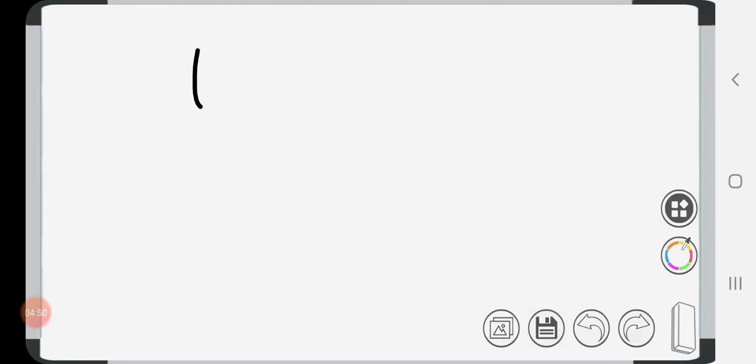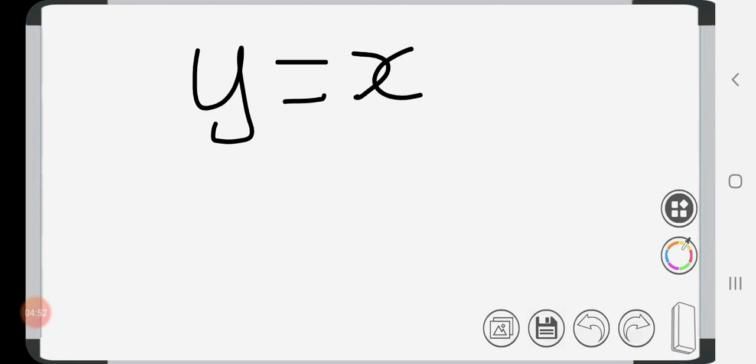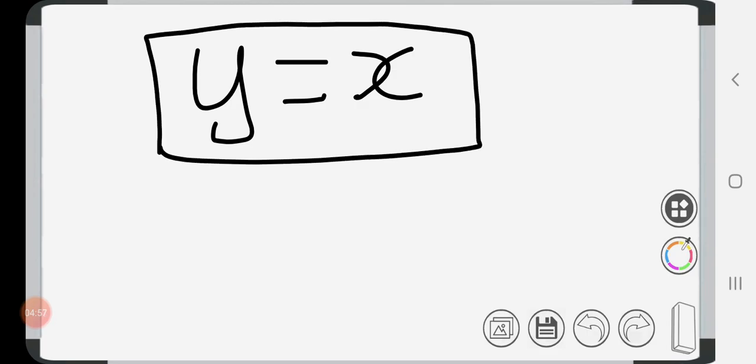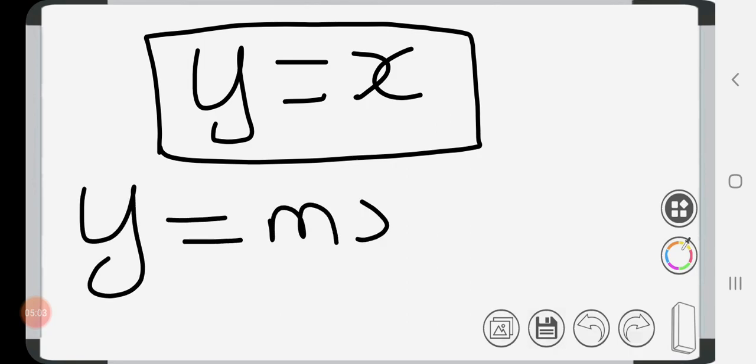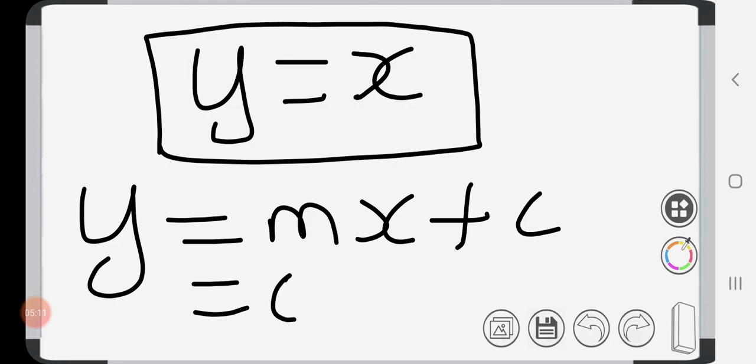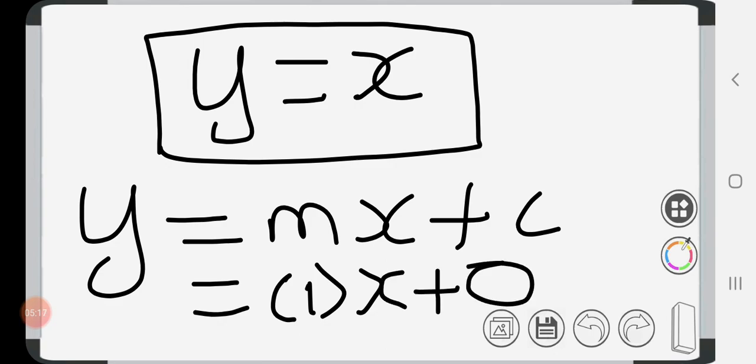Now let's go back to our example of y is equals to x. If you write this in terms of what we've just spoken about now, it actually is y is equals to mx plus c, where m is 1 plus c is 0.